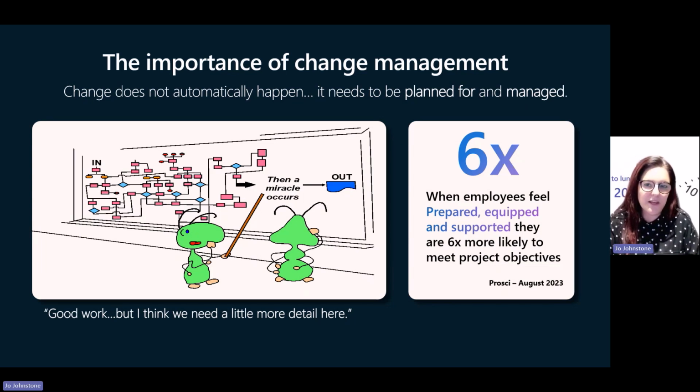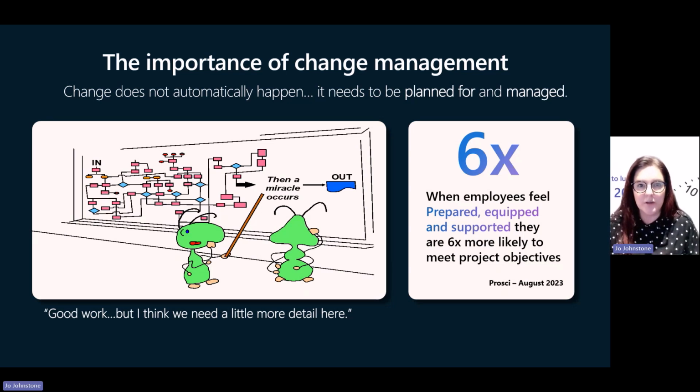Now, so many times we see projects and programs focusing solely on the technical side of the solution and the technical side of that change. With Copilot, we see people asking about what the data needs to be. Is everything secure? Did we give everybody the right licenses? And not too much consideration for the people side of adoption.